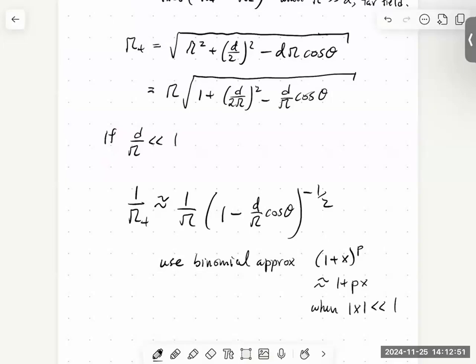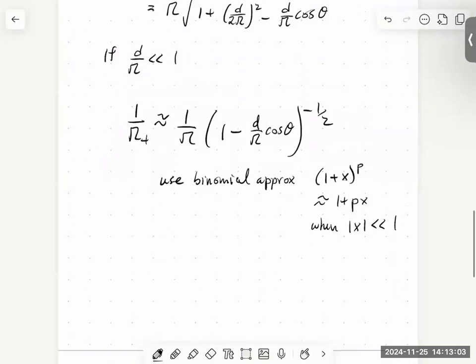We should satisfy this: the cosine is some number between plus and minus 1, so it never gets very big, and it multiplies d over r, which we're assuming is small. So 1 over r plus is approximately 1 over r. That doesn't change, but then we get 1 plus p times x. p is negative one half, and x is minus d over r cos theta. So we get plus d over 2r cos theta. I think that looks right.